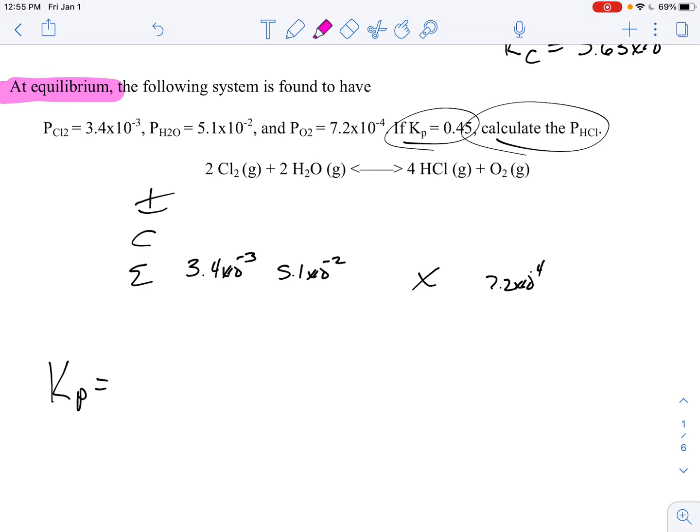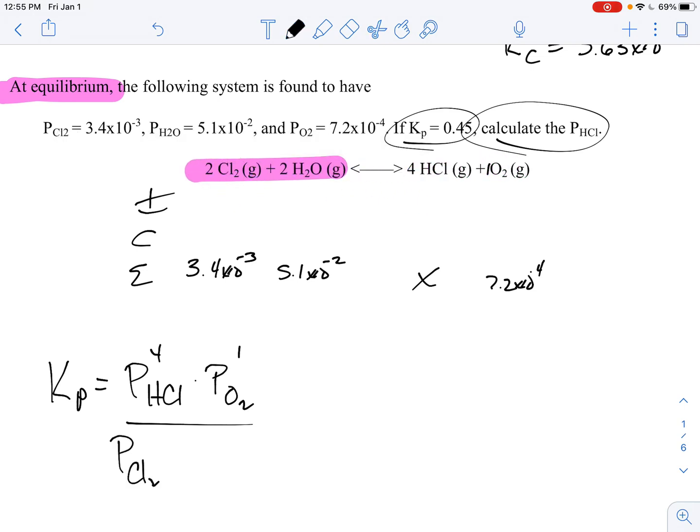Easy. So KP then is going to be equal to products raised to their powers, so that's the pressure of HCl to the fourth times the pressure of oxygen to the first, because there's a 1 there. And I'm going to divide that by our reactants over here now.